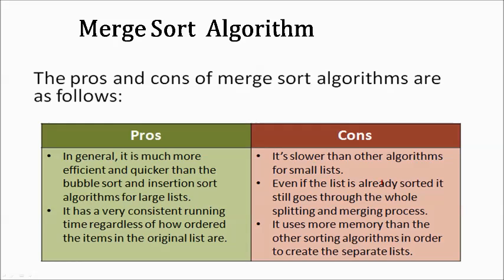Cons, it is slower than other algorithms for small lists. Even if the list is already sorted, it still goes through the whole splitting and merging process. It uses more memory than the other sorting algorithms in order to create the separate list.